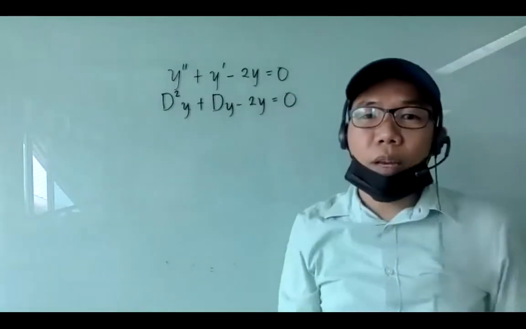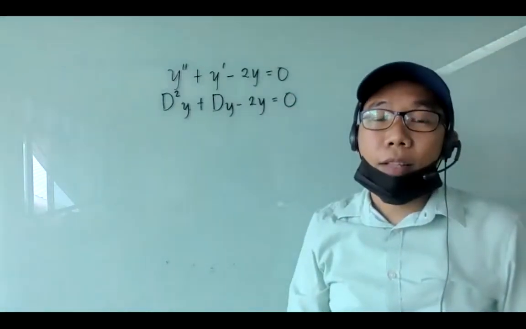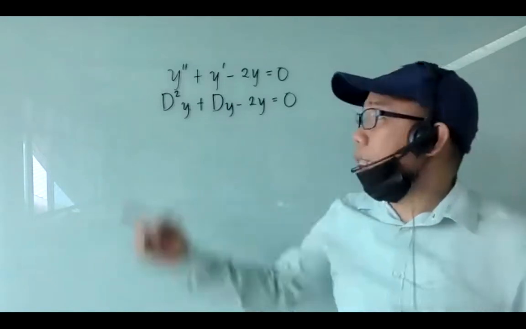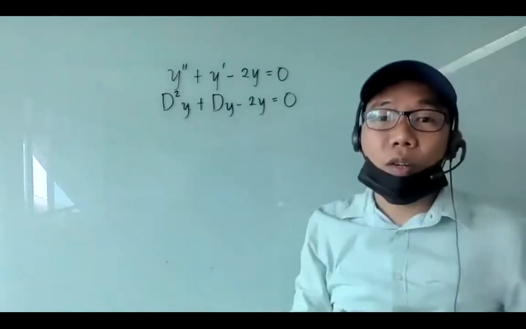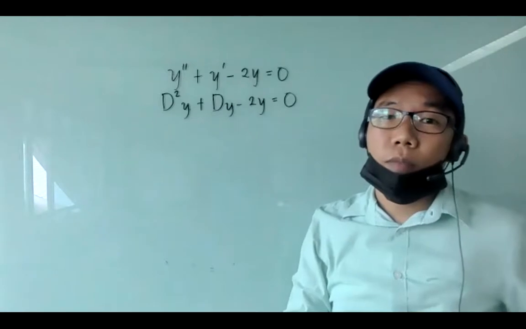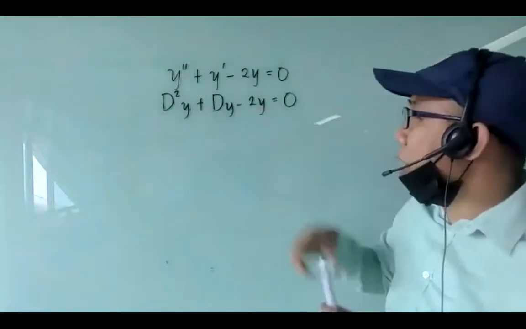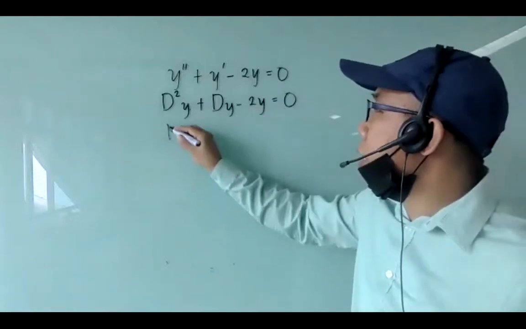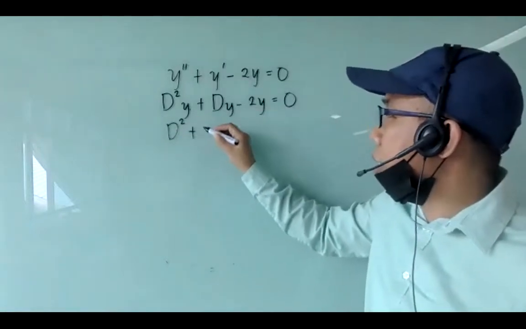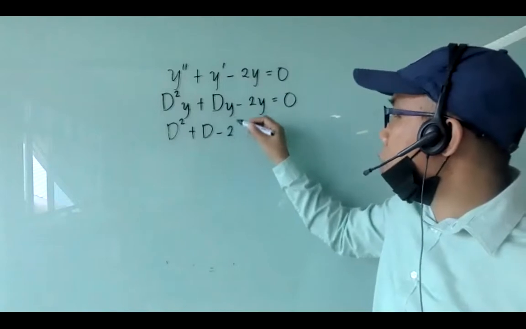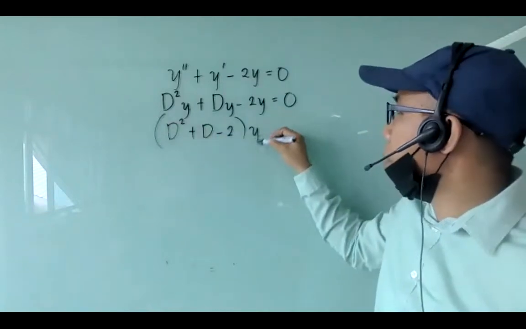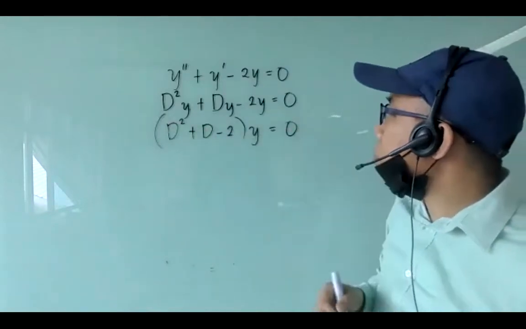So ganito yung D operator format. Ganun lang ha, guys. Kasi D means to differentiate. Okay, now, pwede natin, sa property, we can actually rewrite this as D squared plus D minus 2 times y equal to 0.